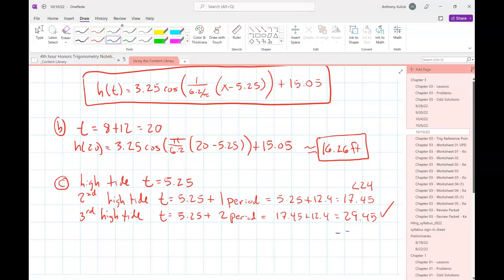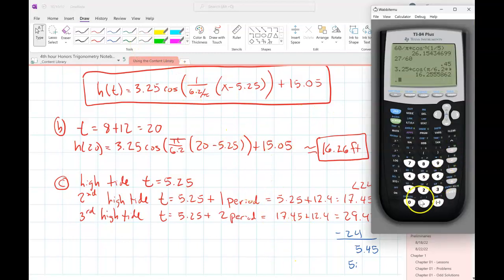So we'll subtract 24, and that's 5.45, so that's 5, and then how many minutes is 0.45? We did this already, but just to show you, I just do 0.45 times 60.